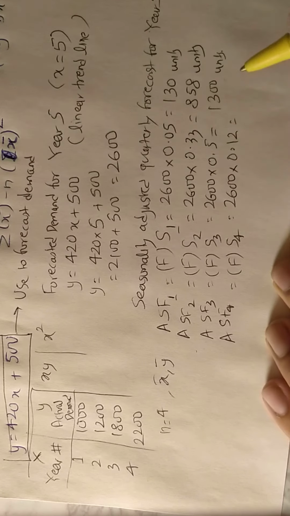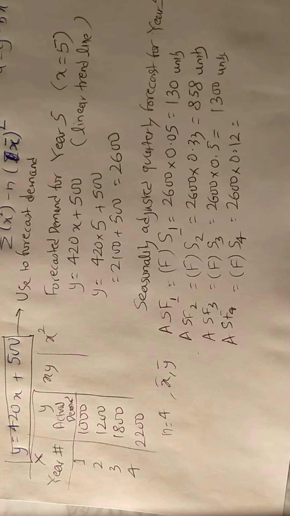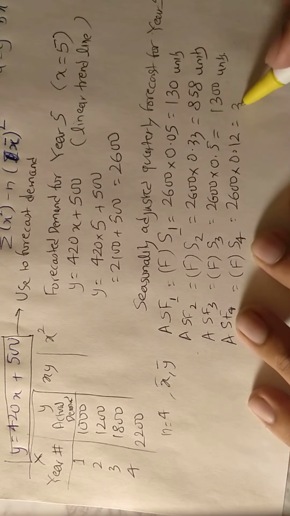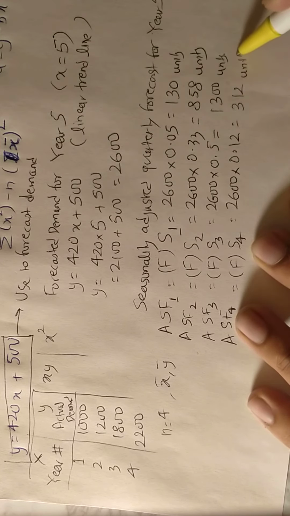Let me use my calculator: 2600 times 0.12 is equal to 312 units.